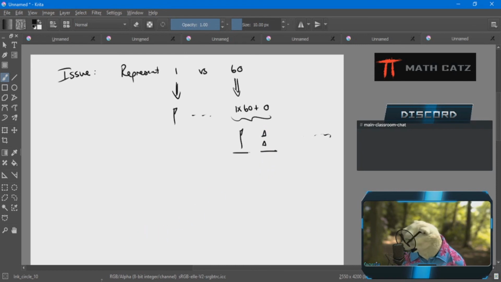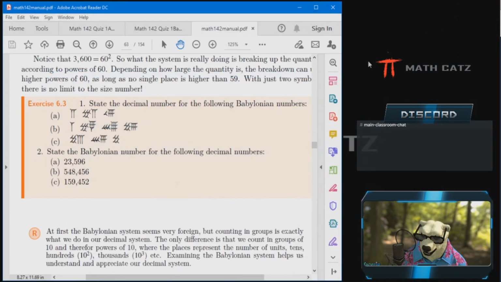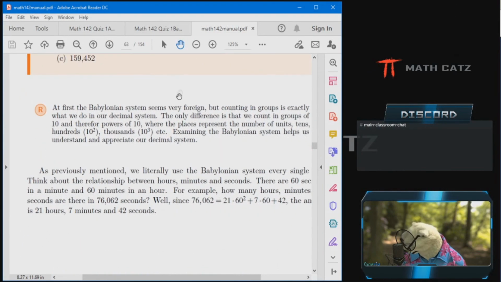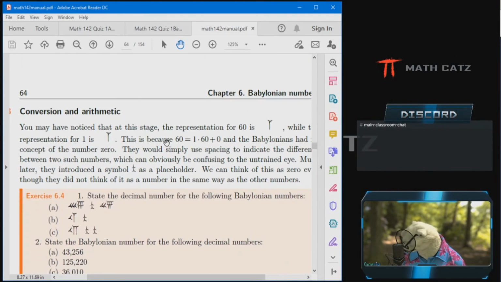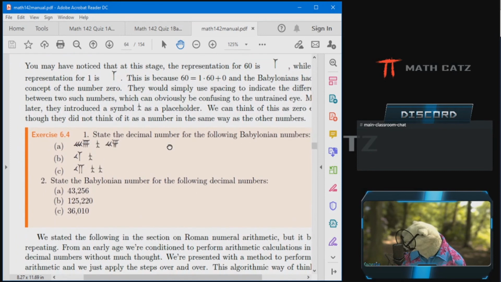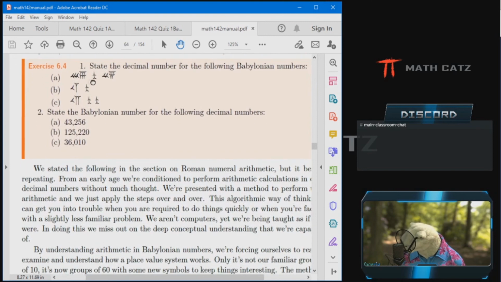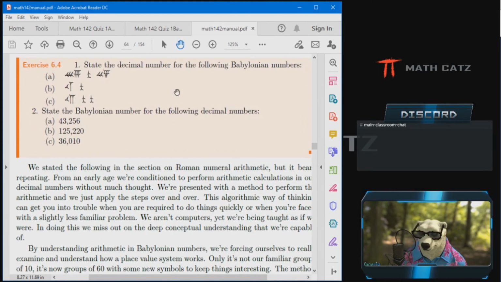Okay. So let's do a couple of examples with that over here. So in the book, it sort of looks like triangles, I guess, in exercise 6.4. Now, I'm not trying to be lazy here.